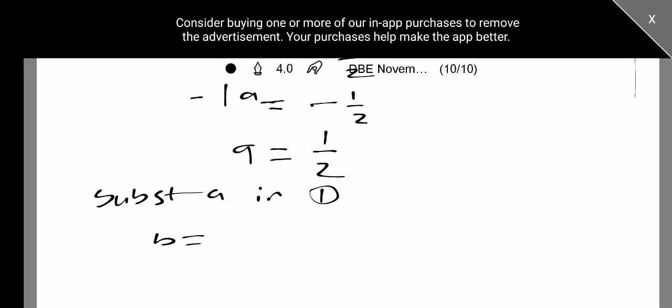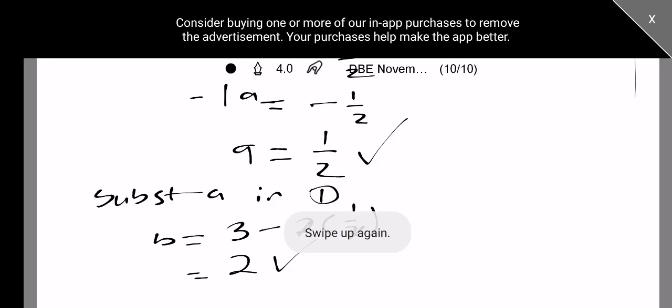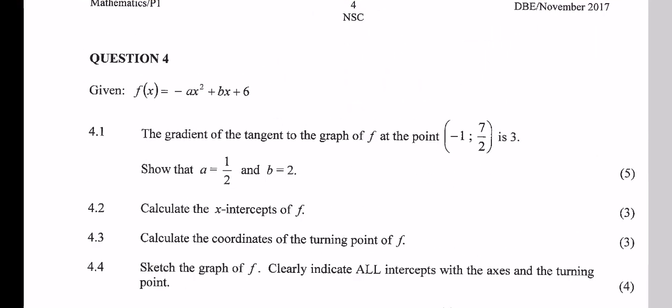It was 3 minus 2a. So it is 3 minus 2a. Our a is half. Then this cancels. Then we're going to be left with 1 there. 3 minus 1 equals 2. We've answered the question. We have shown that a equals half and b equals 2.